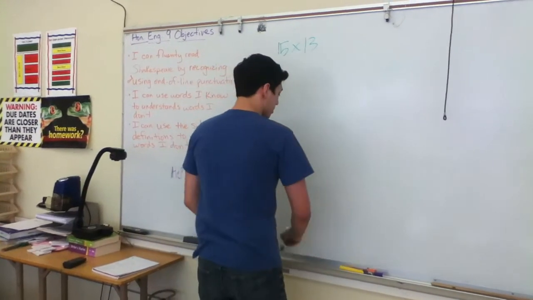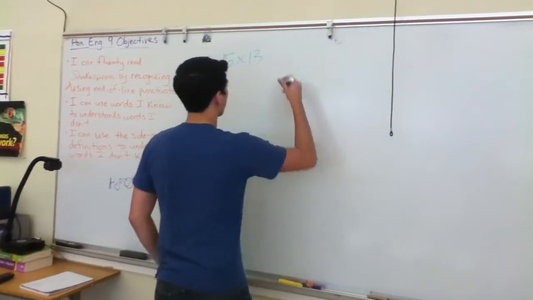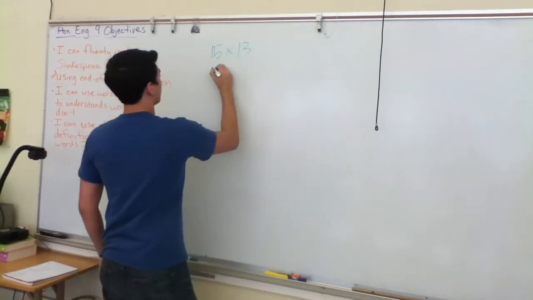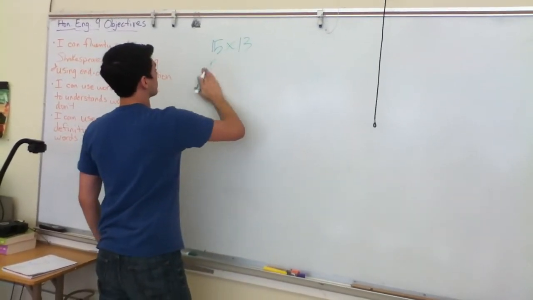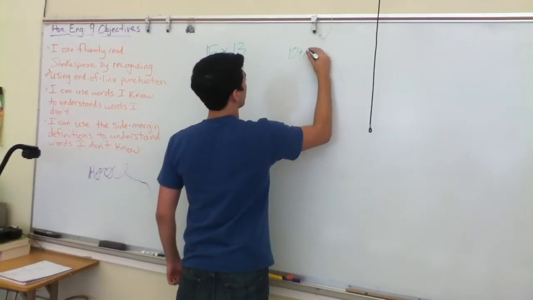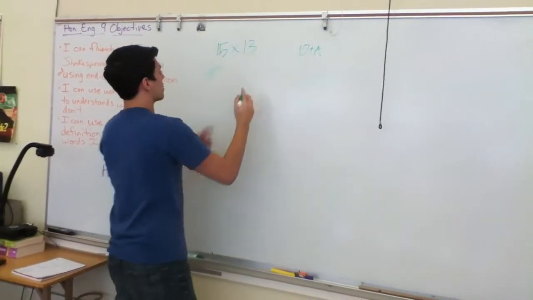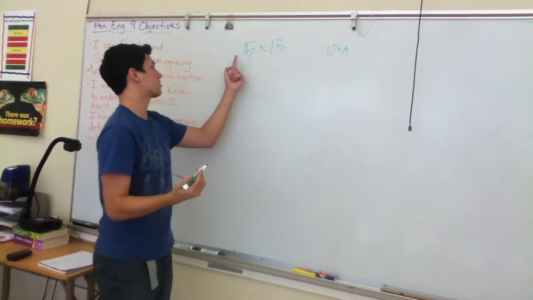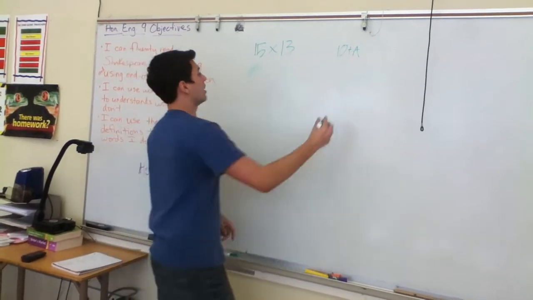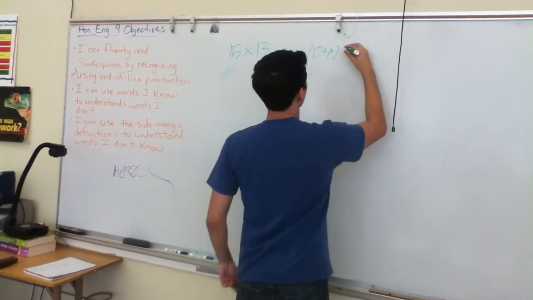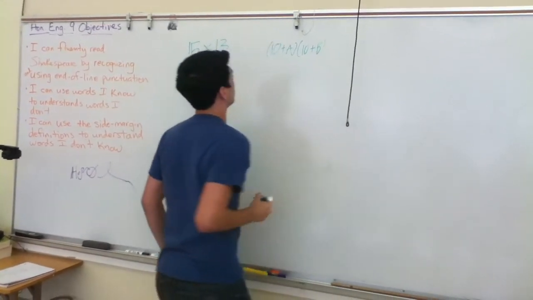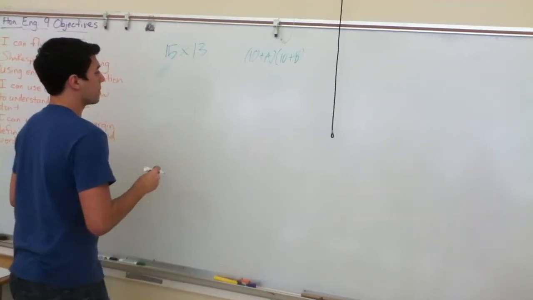So I called 15 10 plus A, because A would be the ones digit, and if 5 was A, it would be 15. And then I'm going to call it 10 plus A times 10 plus B. We're going to FOIL.